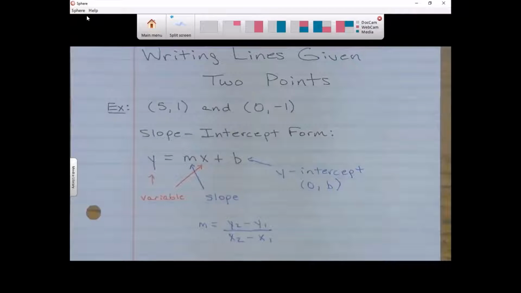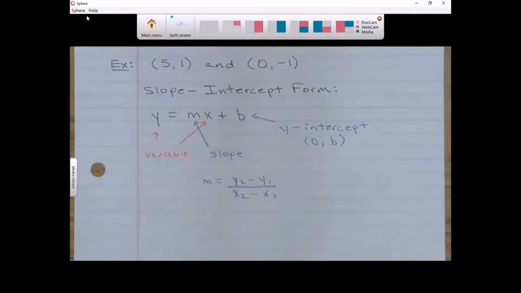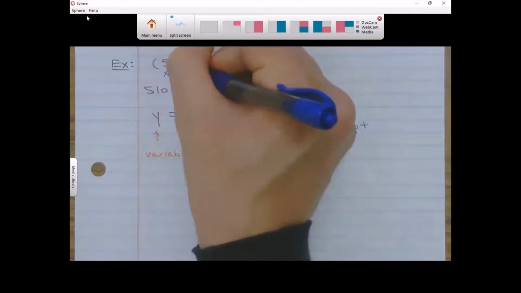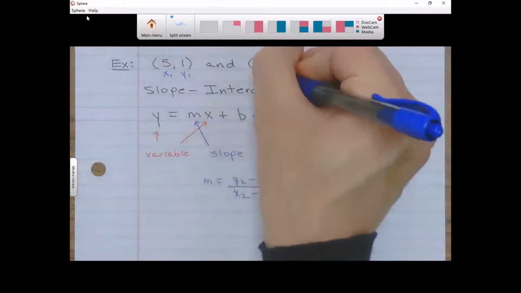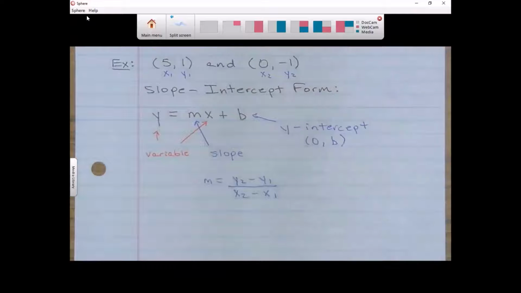So we're going to use these 2 points, and we're going to find the slope first. To find the slope, I'm going to label my 2 points as x1, y1, and x2, y2. I'm labeling the x1 and the y1 as the first point, and the x2 and the y2 as the second point.